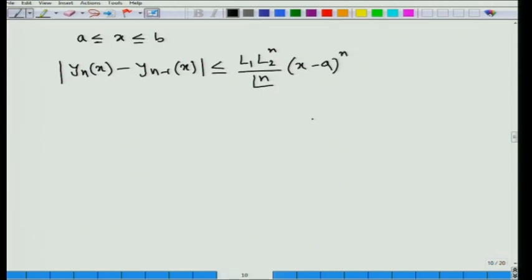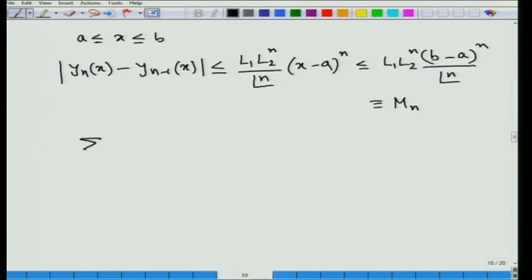Now, as x is less than or equal to b, this expression will be less than or equal to L1 times L2^n (b minus a)^n by factorial n, and we denote this by M_n.